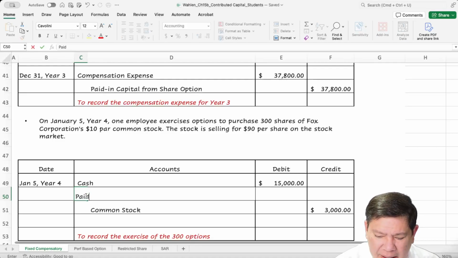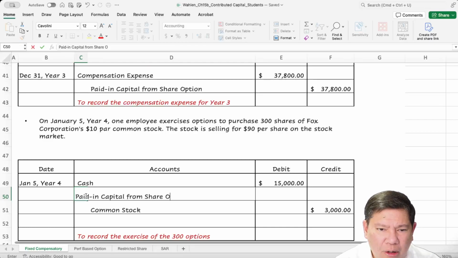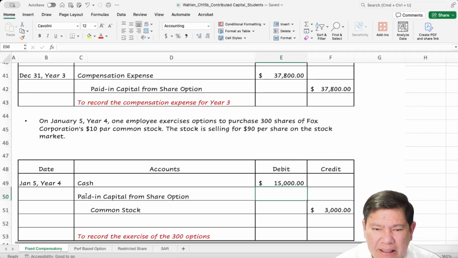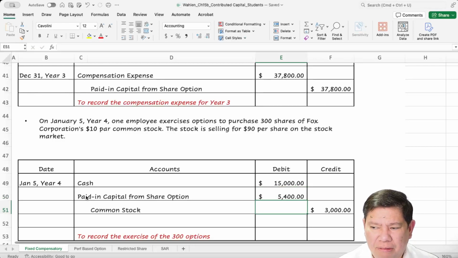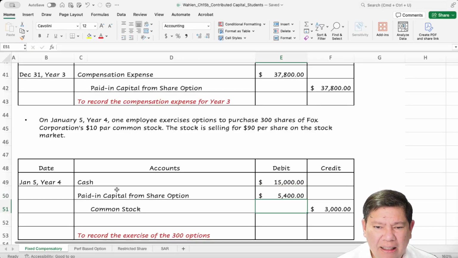So paid-in capital from share option must be put on debit, and this is going to be 300 shares times $18 each, $5,400.